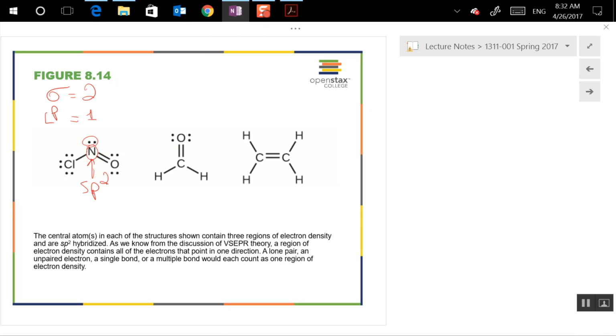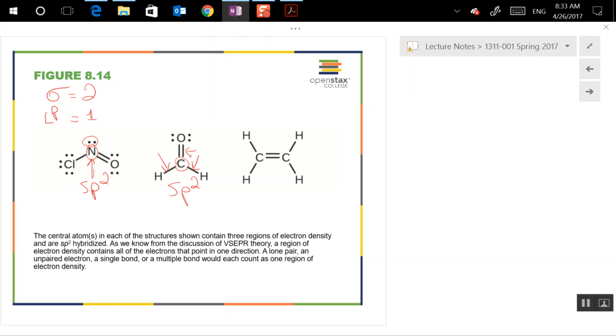What about this carbon? Same, sp2, right? Because I have 3 sigmas and 1 pi.